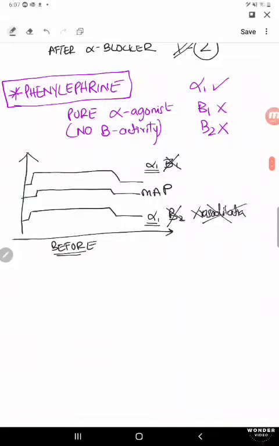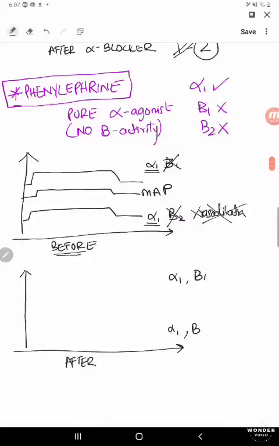Now let's move forward and talk about what happens to our graph after we give phenylephrine. After we give alpha blocker. Okay, so there is alpha 1, write down, beta 1, and alpha 1, beta 2. Similarly, no activity. Okay, now there's one thing that I would like to talk about here. How I think of alpha blocker in this case would be that after giving the alpha blockers, there will still be some alpha receptors that are not blocked.